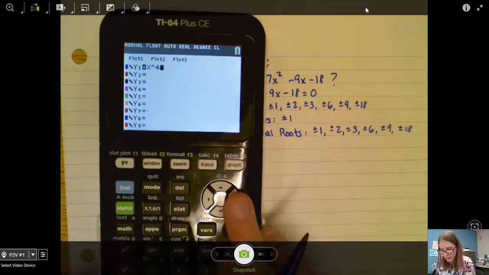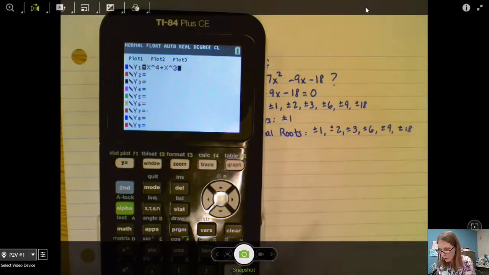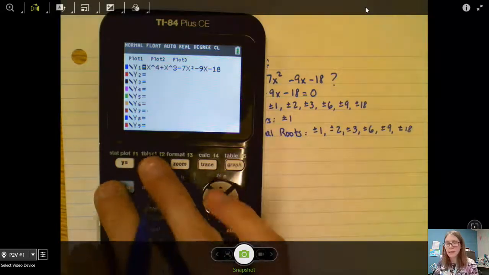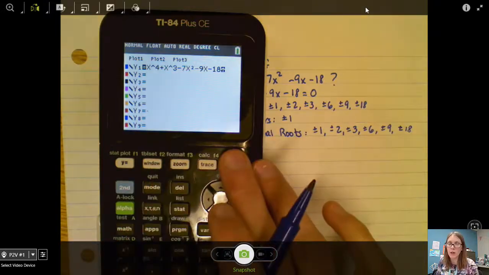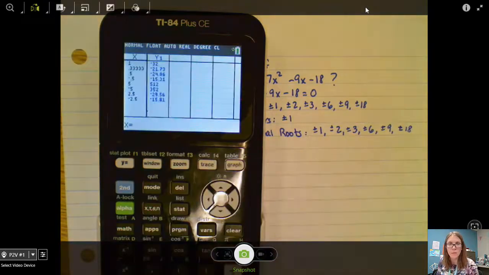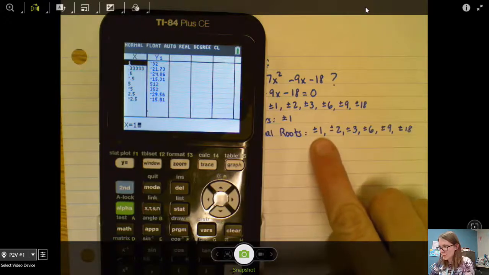X to the 4th plus x cubed minus 7x squared minus 9x minus 18. My table's already set to ask, so I go to my table, second table, and let's check some of these. So 1 is not a root. I'm looking for anywhere my y value is 0.